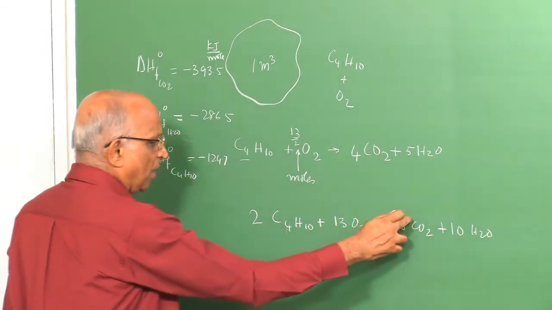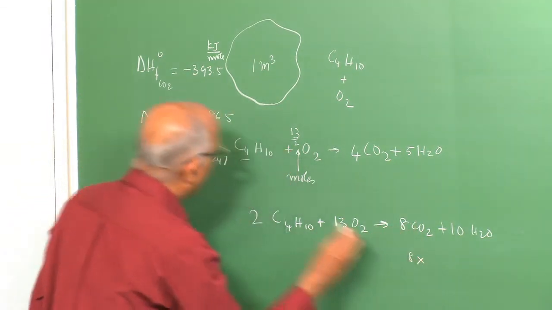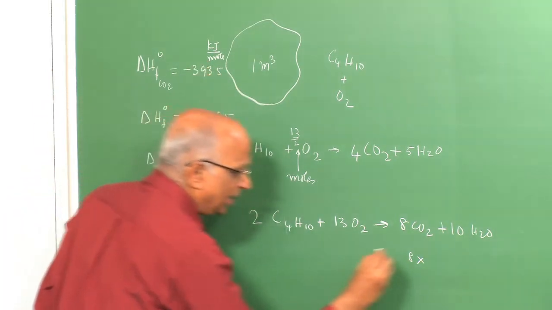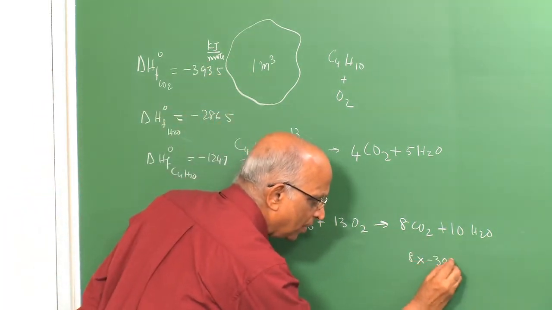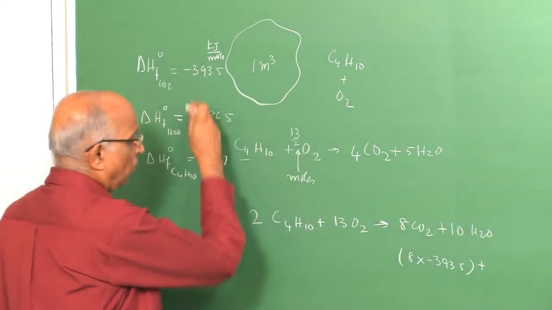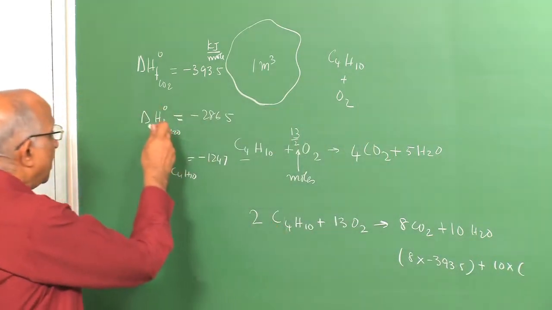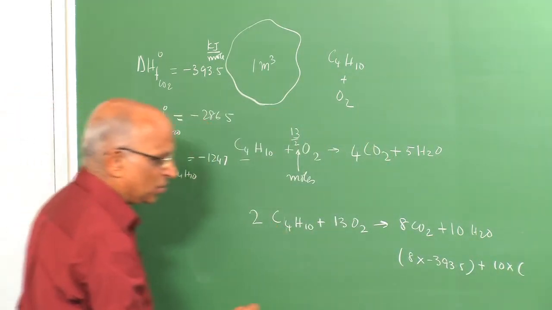We have 8 moles of carbon dioxide, therefore the heat of formation of the carbon dioxide is 8 into the value here, minus 393.5 kilojoules, plus I have 10 moles of water, that means 10 into the heat of formation of water per mole, minus 286.5.